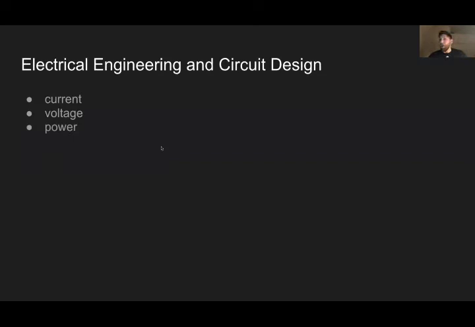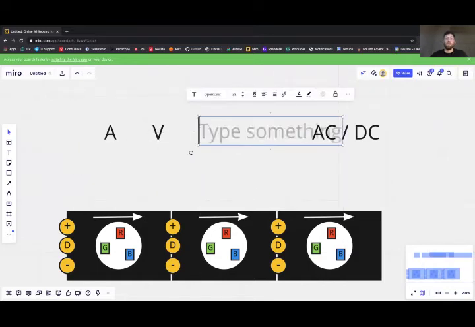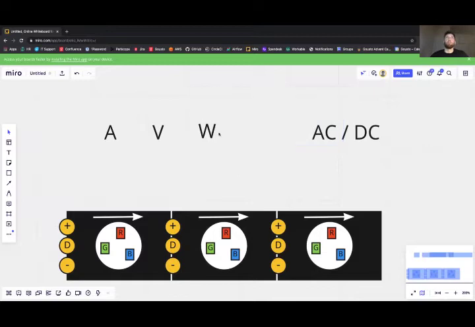Now, what is power? Power is the synthesis of current with voltage. Power is represented in watts, and the symbol is W, also named after a physicist who was studying this stuff.